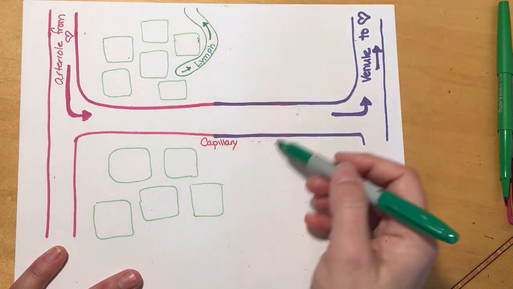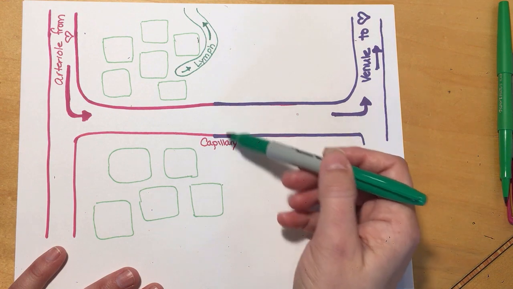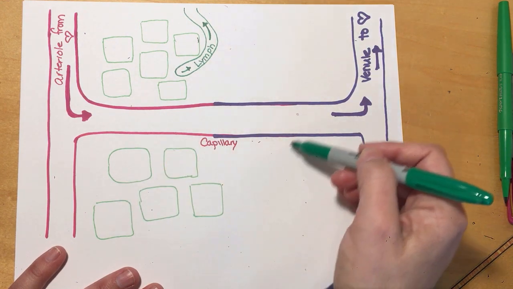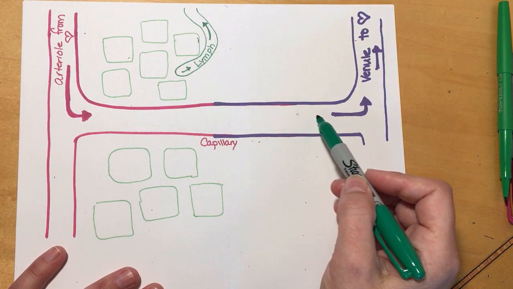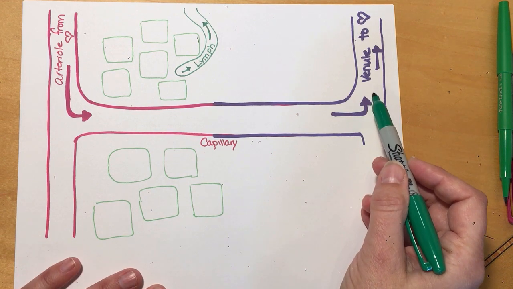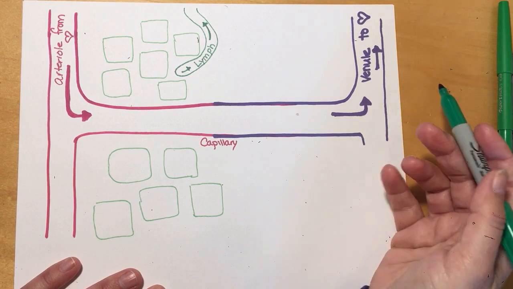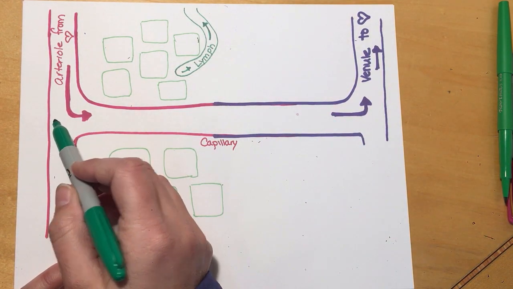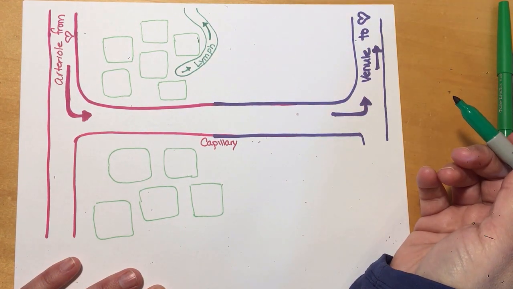And a capillary is where the vessel is thin enough that stuff from the blood can leave and stuff from the tissue spaces can get back into the capillary. It will continue along until it hooks up to a venule, which is a small vein. It will then continue on the venous side until it gets back to the heart. So capillaries connect the arterial side to the venous side of your circulatory system.